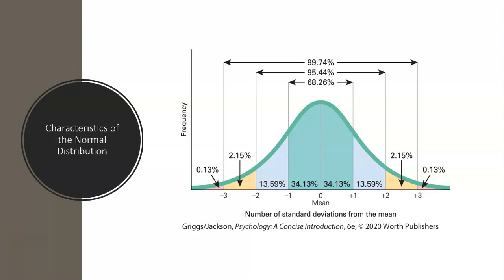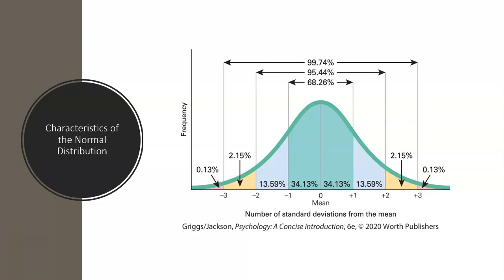Now, looking at the graphic from your textbook, there are specific mathematical characteristics to the normal curve. In a normal distribution, as I said before, the mean, median, and mode are all exactly the same because the normal distribution is symmetrical.